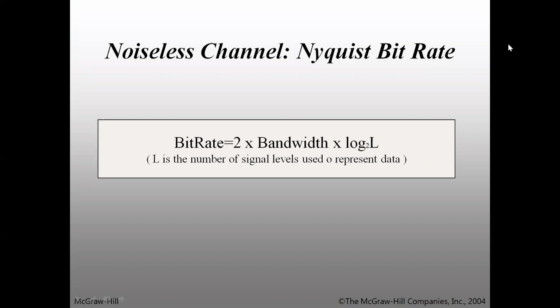That means how many signal levels the signal has. Suppose the positive level represents 1 and the negative level represents 0. So there is a level at the positive pole and another at the negative pole, so here the number of levels is 2.